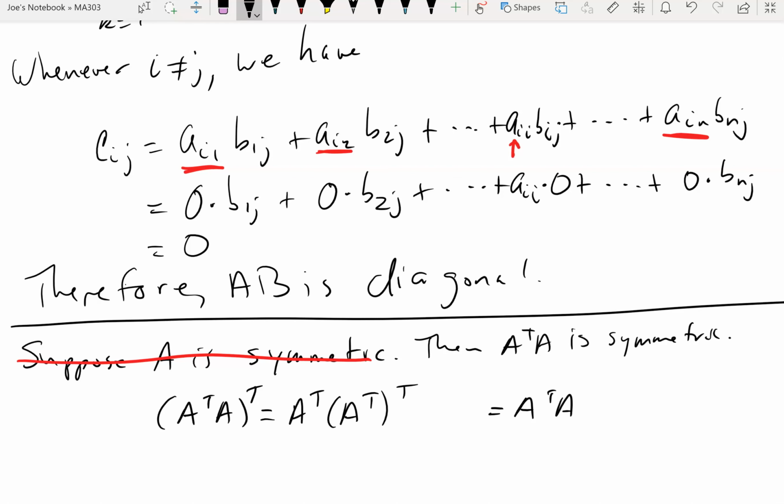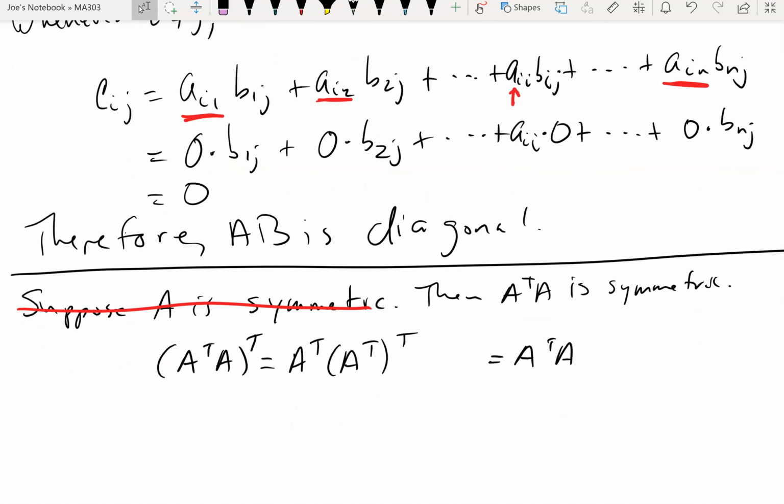Now what happens when you transpose a matrix and then transpose it back? You get the original matrix back, which is exactly what we have over here, don't we? So that is the whole proof that it's symmetric.